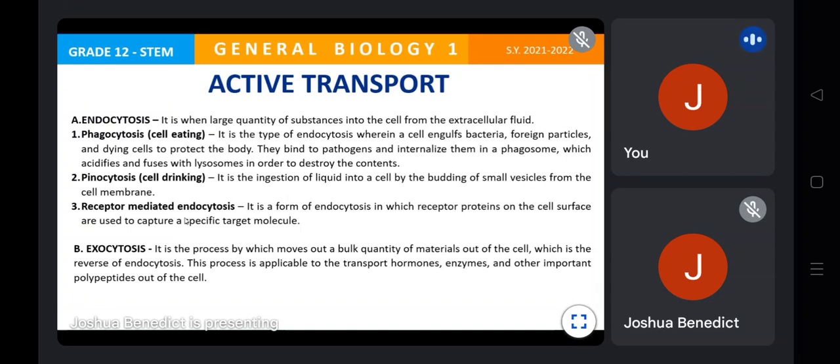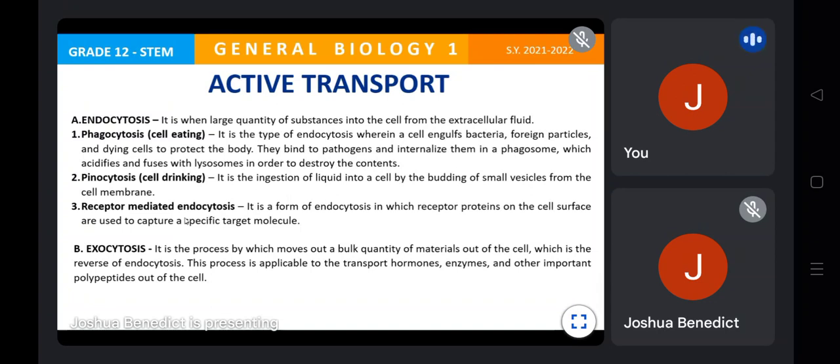Okay? Then there's receptor-mediated endocytosis, wherein this is a type of endocytosis through the help of receptor proteins. In this case, halimbawa, meron kang kailangan talaga, kukunin mo yun. Hindi yung basta-basta kuha ako ng kuha na hindi mo naman alam kung para saan yun. Halimbawa, ikaw yung cell.